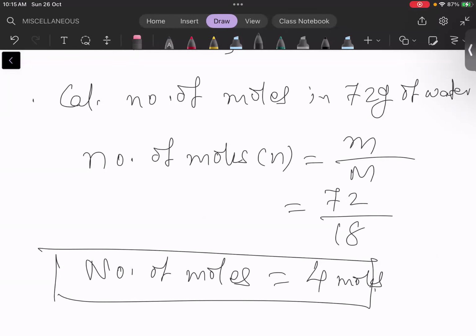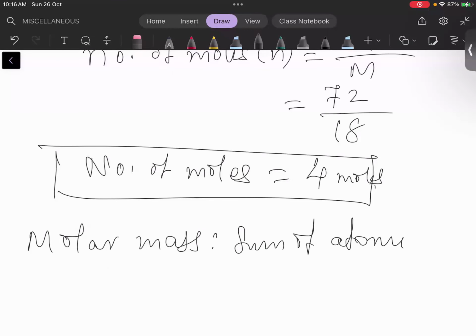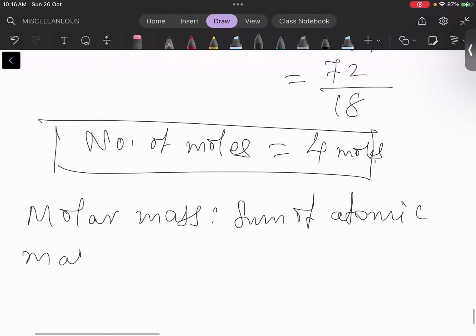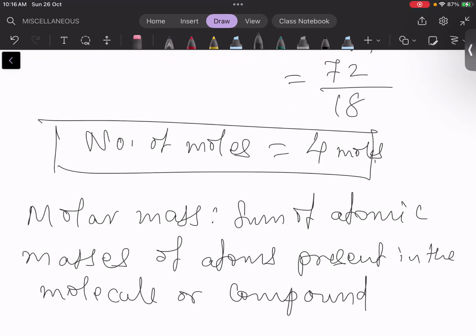Then how do we find molar mass? Molar mass is what? Sum of atomic masses of all the atoms. Molar mass: sum of atomic masses of all atoms present in the molecule or compound, right?